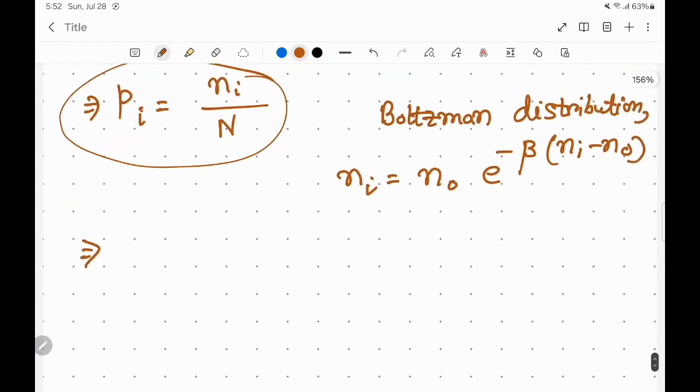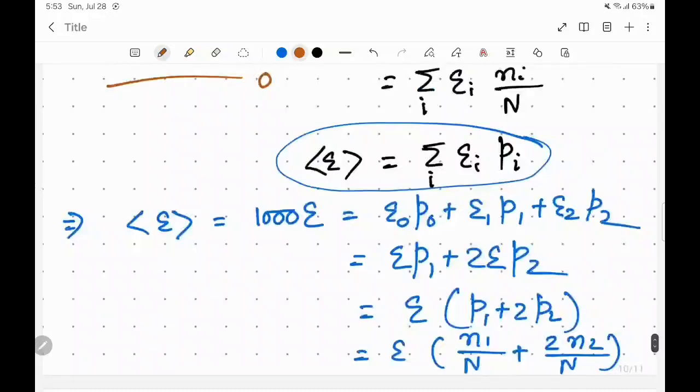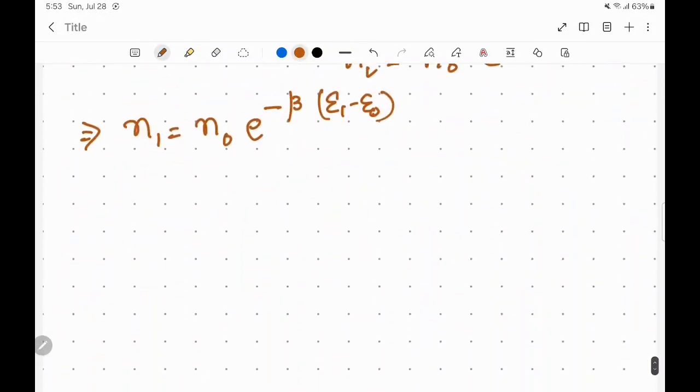Now you can calculate N1 and N2. N1 will be N0 into e to the power minus beta, what is the energy? What are epsilon 1 and epsilon 0? Epsilon 0 is 0 and epsilon 1 is epsilon, so you can write it directly as beta epsilon.